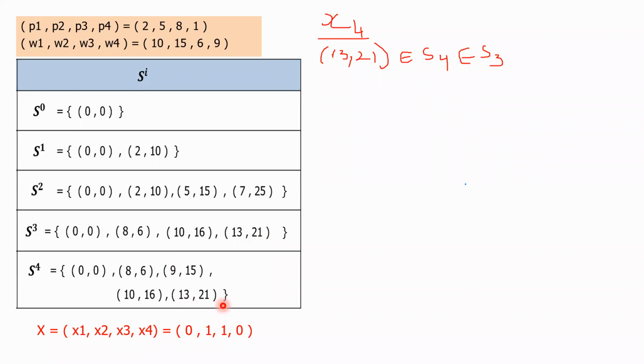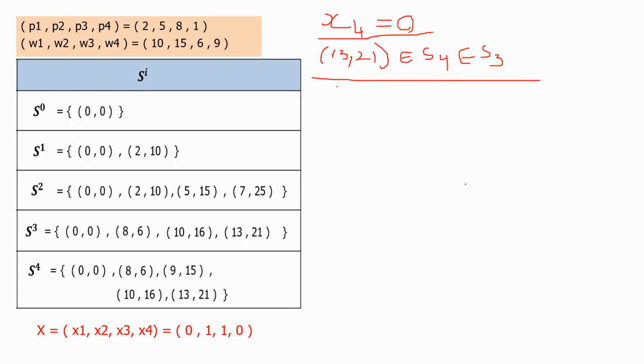So I have extracted the information regarding the fourth object using set 4 and set 3, and I have decided that I am not going to include the fourth object into the bag. That means x4 value will be equal to 0.